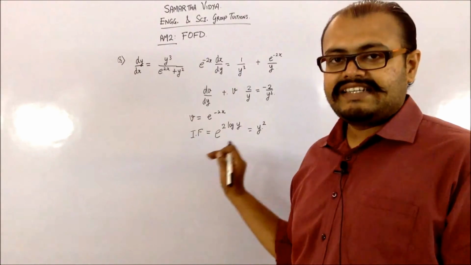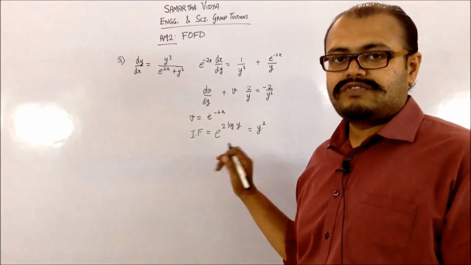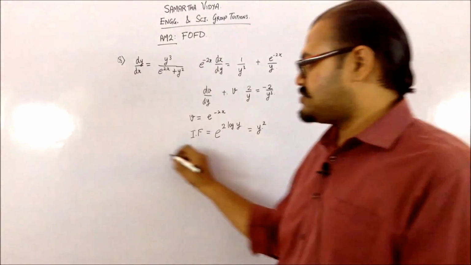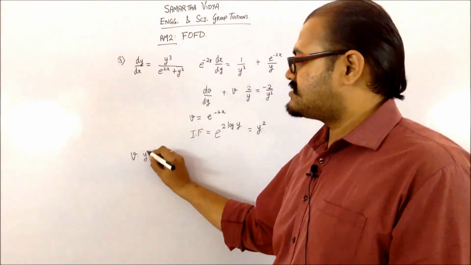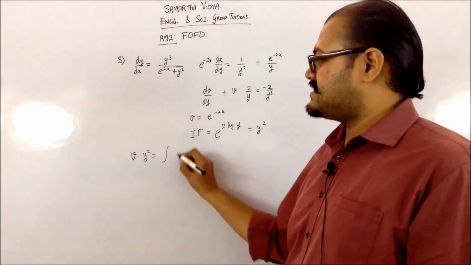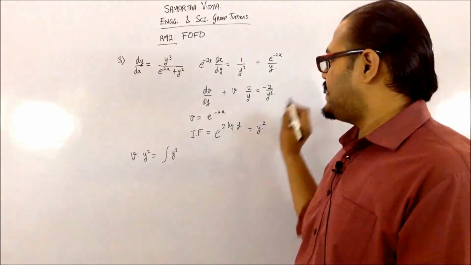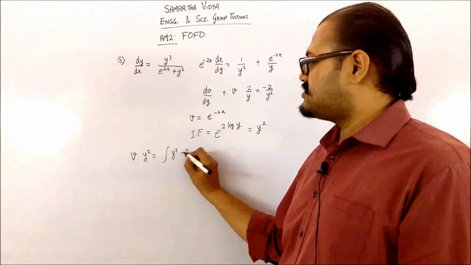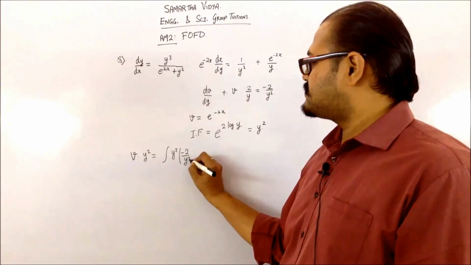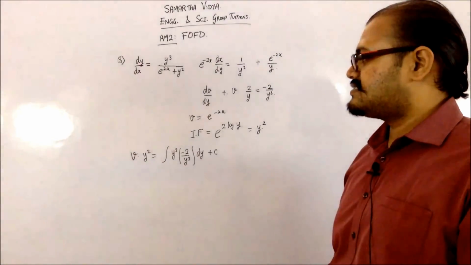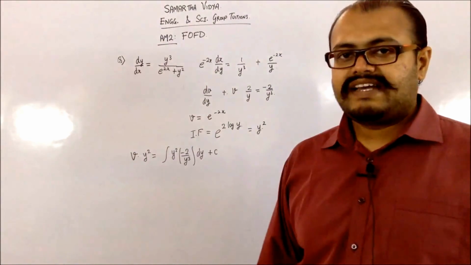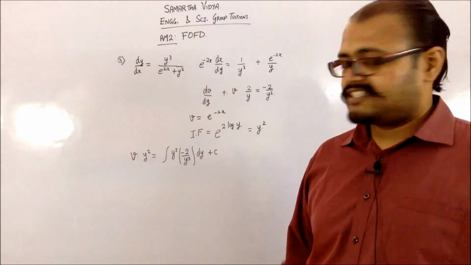When you have found the integrating factor, you can go for the solution part. The solution will be given as v into the integrating factor is equal to integration of the integrating factor into the q term, that is minus 2 by y cube, dy plus c. From this you can now resubstitute your v term.